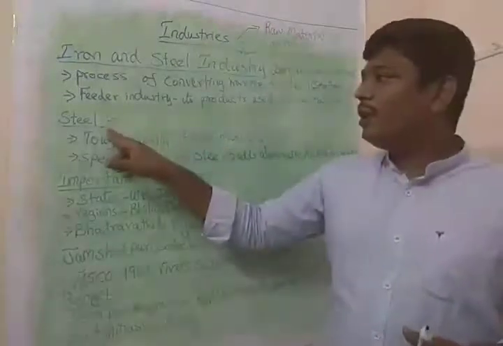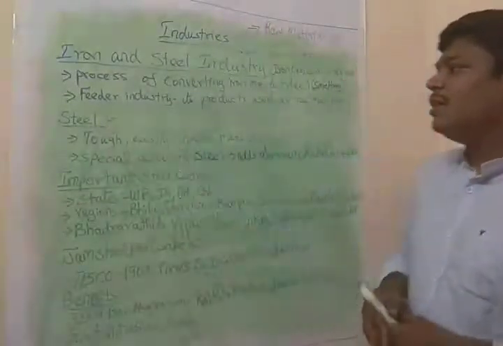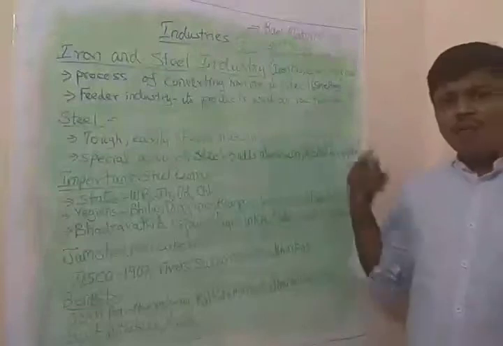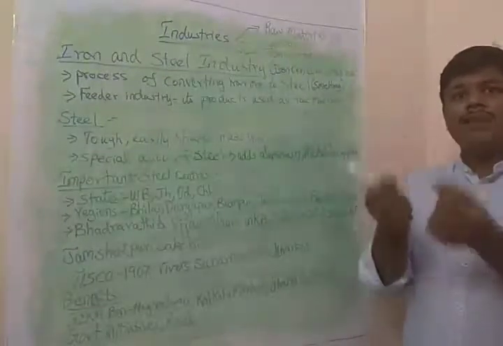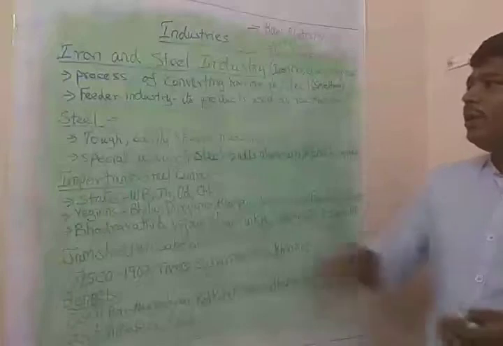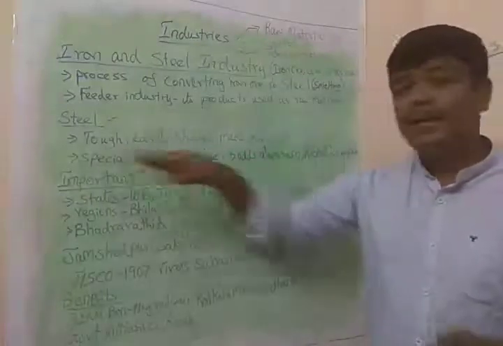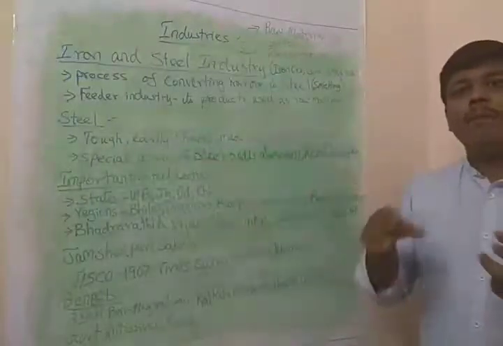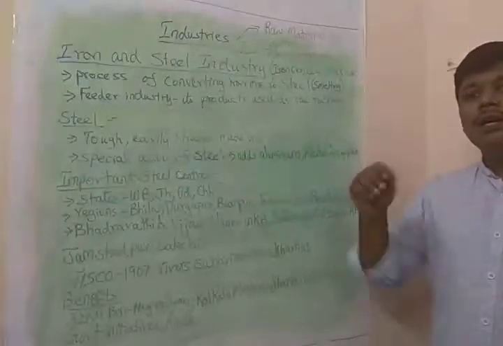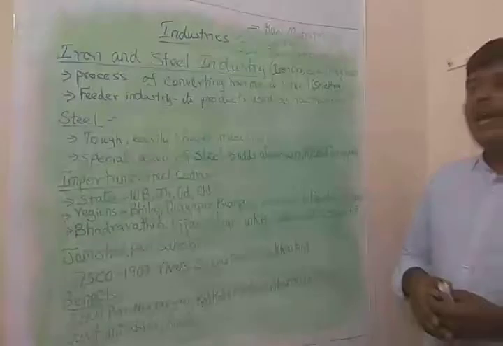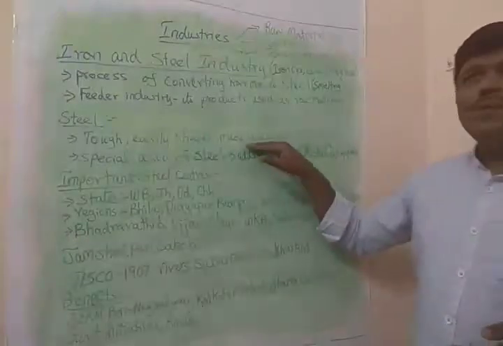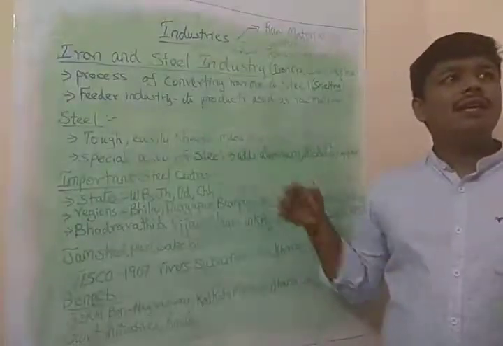So the next thing we are going to talk about is steel. Okay, you know about steel. Whenever you hear the word steel, what do you think? We can bend it, right? So it is a tough material. It is hard, but with continuous beating we can easily shape it, right? And even nowadays we use it in electrical items.